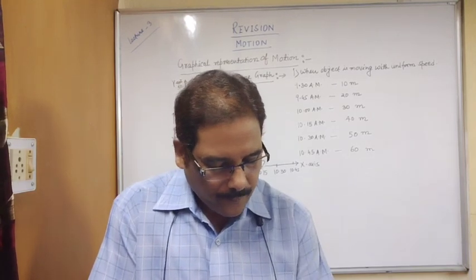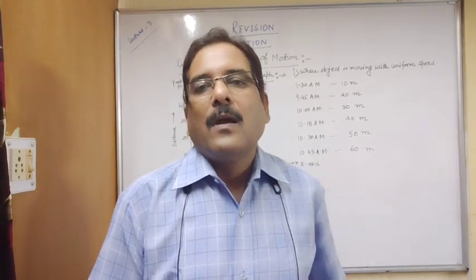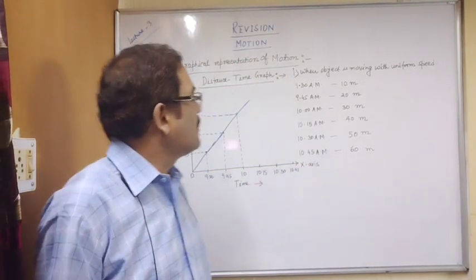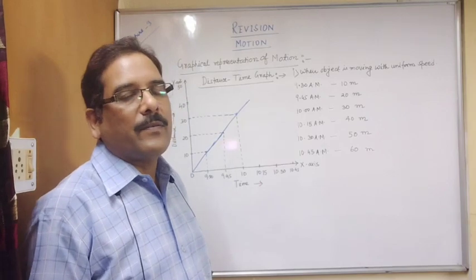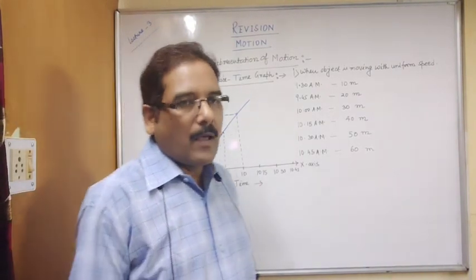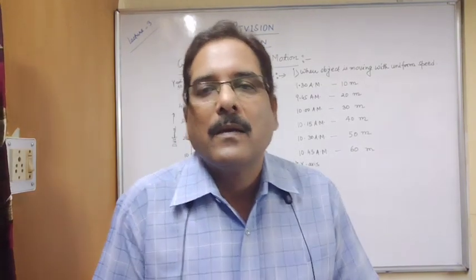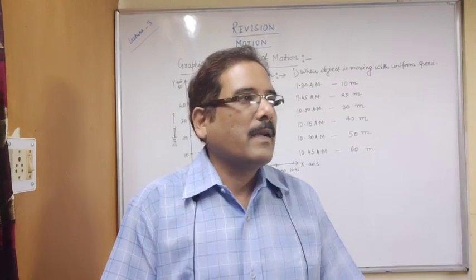Now, is there any use of this graph? Why are we drawing these graphs? What can we calculate from this graph? Distance time graph. As we know, speed is a ratio of distance and time.